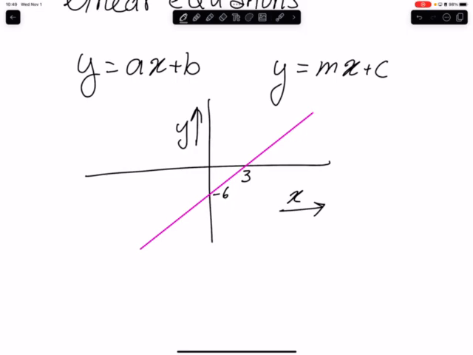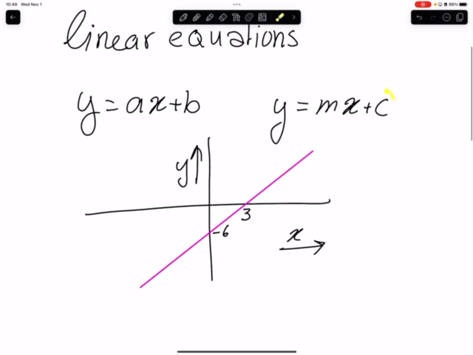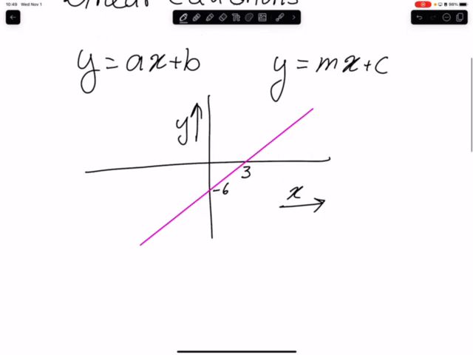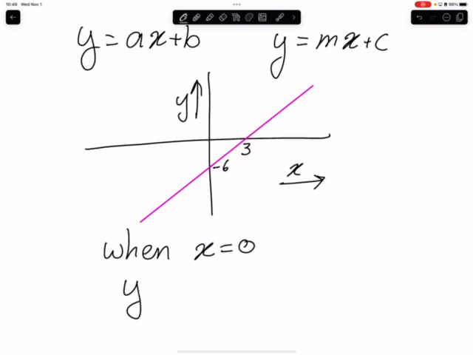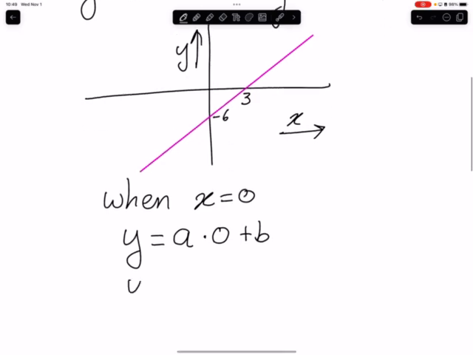And it says that the b or c value in a linear equation, you find it when x is 0. Why when x is 0? y is a times 0, 0, plus b. So your answer is y equals b.